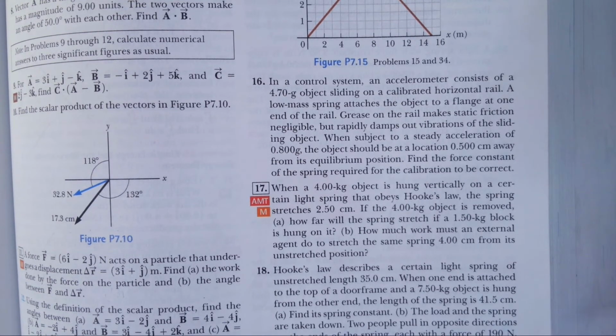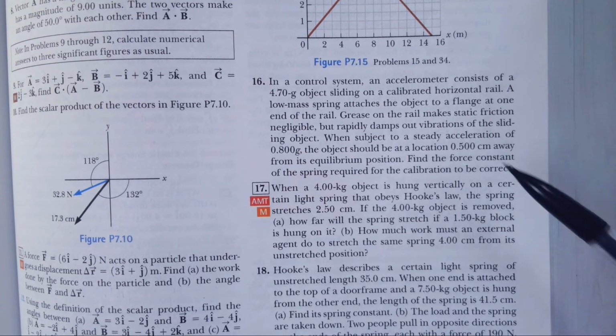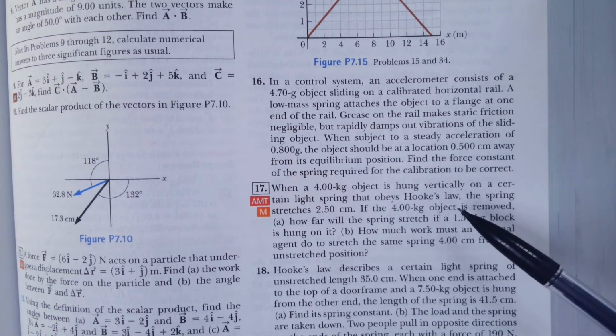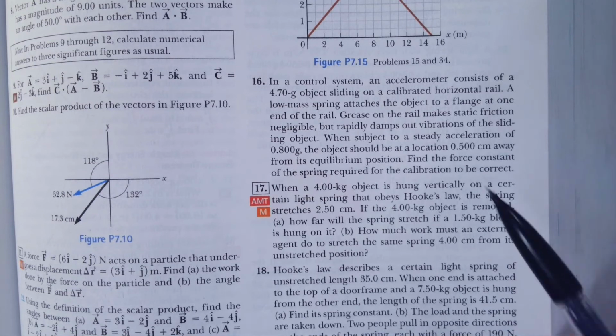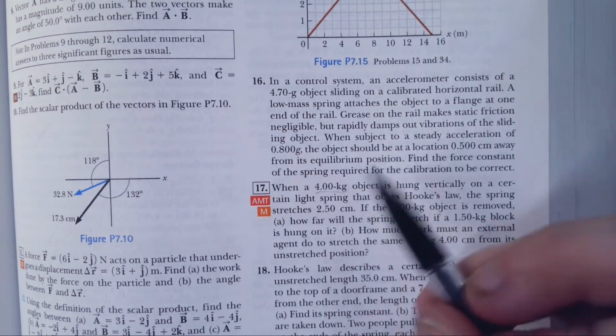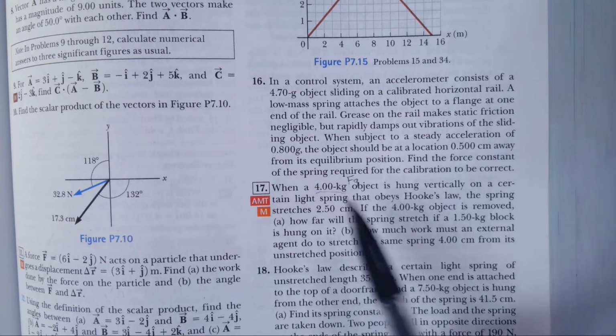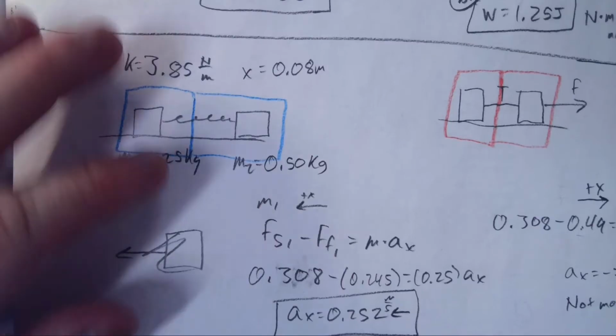If the 4 kilogram object is removed, how far will the spring stretch if a 1.5 kilogram object is hung? Notice they're asking how far something is stretching, but they're not giving you the spring constant. However, they're giving you enough information to find it. They're giving you the mass, which with gravity gives the force of gravity, and they're giving you x, which you have to convert into meters. So that's what we did.